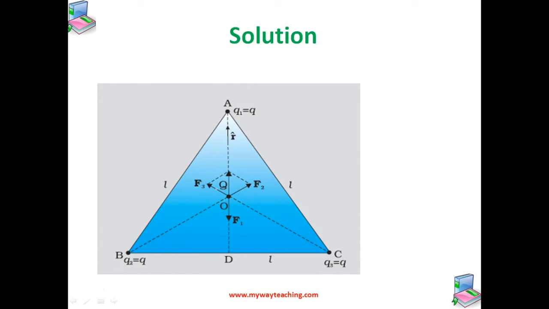See, in this given equilateral triangle ABC of side L, here the side they have given as L, not 1. If we draw a perpendicular AD to the side BC, then we can write AD is equal to AC cos 30, isn't it?